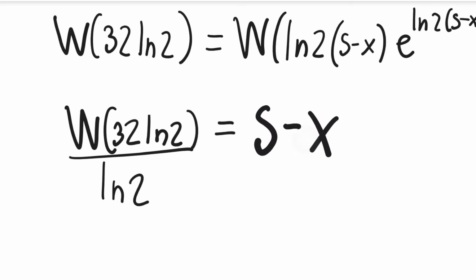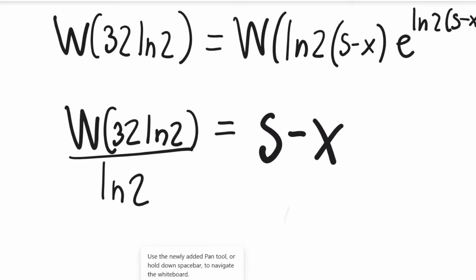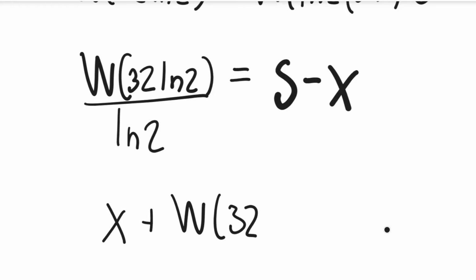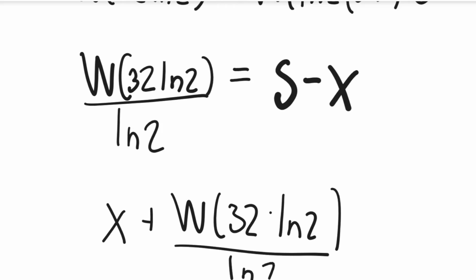Let me make this bigger. And now we can add x on both sides, and we're going to get x plus omega of 32 times natural logarithm of 2 over natural logarithm of 2 is equal to 5.